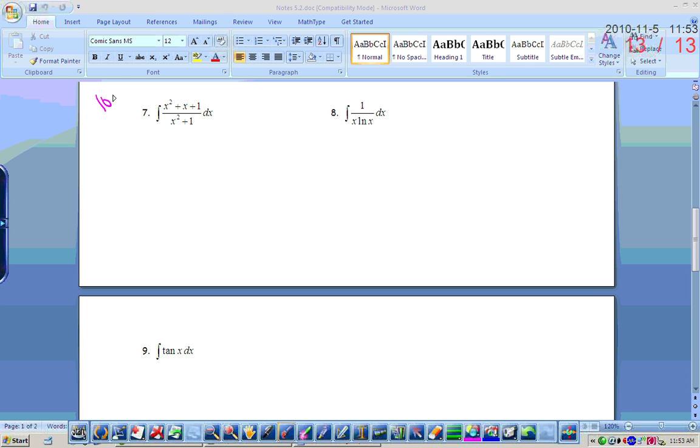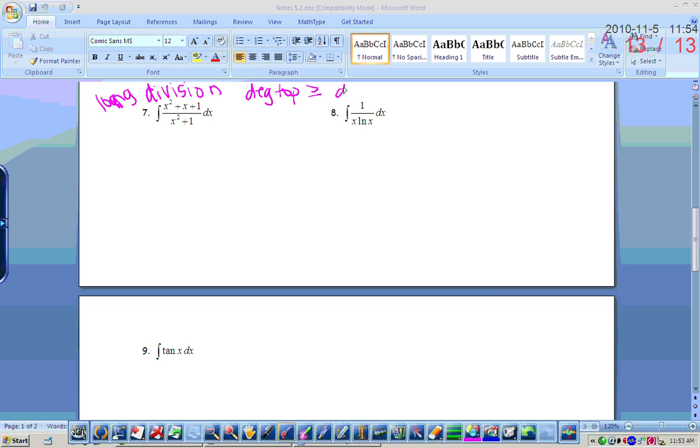Whenever the degree of the top is greater than or equal to the degree of the bottom, unfortunately, we're going to have to use long division to rewrite this. This is why we taught you long division with polynomials in Algebra 2.